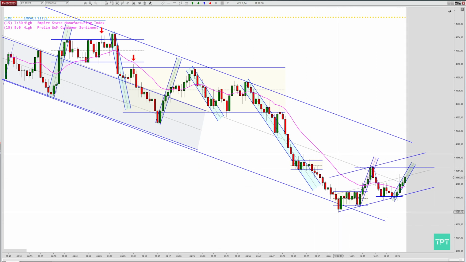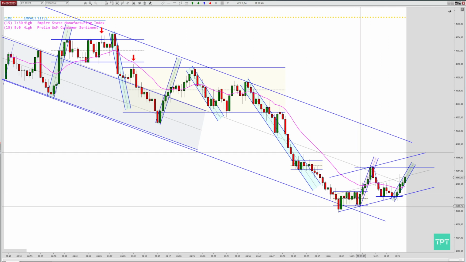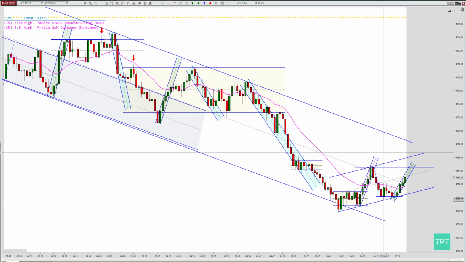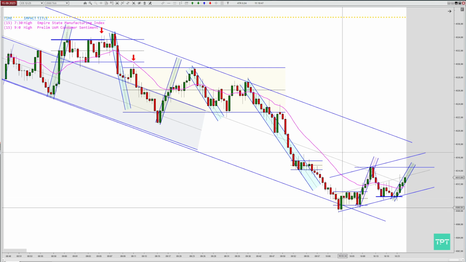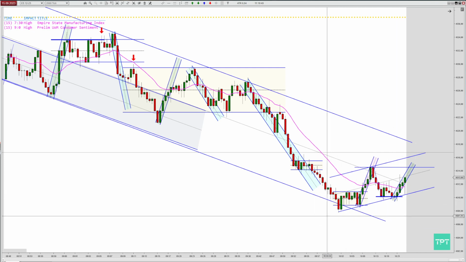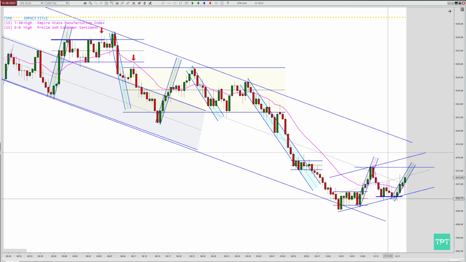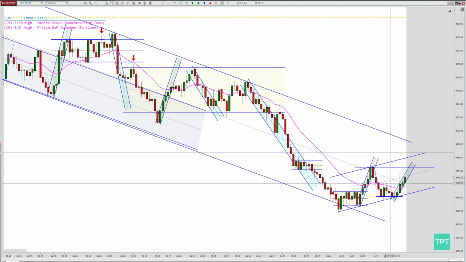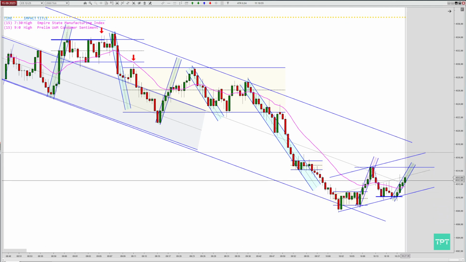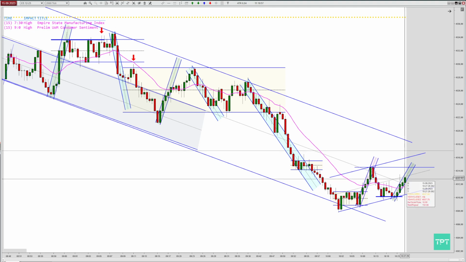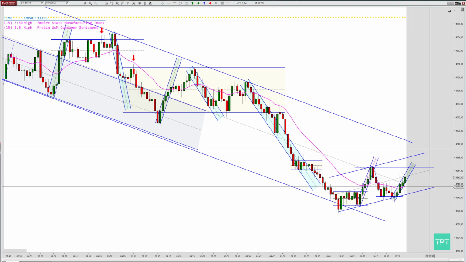You can see prices make this new low, next swing is a bit higher, next swing is a bit higher, this swing is a bit lower, but it could confirm a potential setup, like a trend channel here. And then we're getting a higher low above the EMA with such a strong bullish bar.